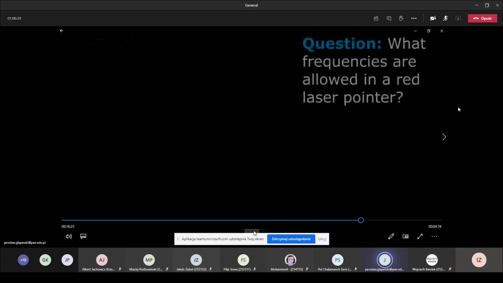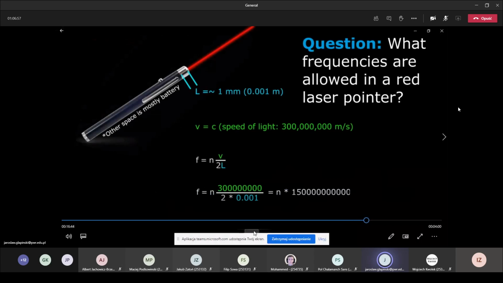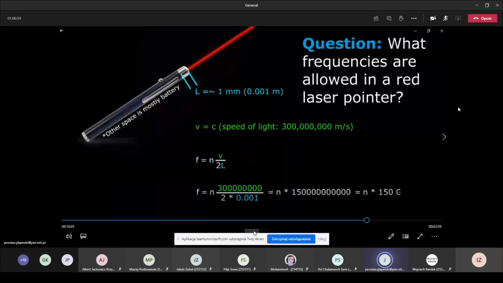Question: what frequencies are allowed to exist in a red laser pointer's cavity? Answer: a cheap red laser pointer has a cavity length of about 1 millimeter, and the speed of light is c, 300 million meters per second. Plugging in these values to our equation, we would get a difference between allowed frequencies of about 150 gigahertz.